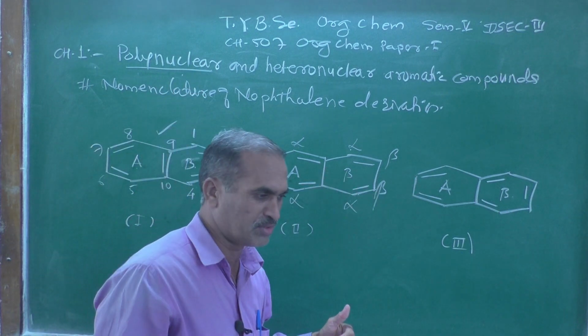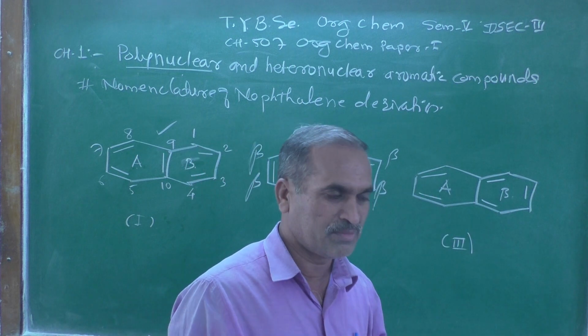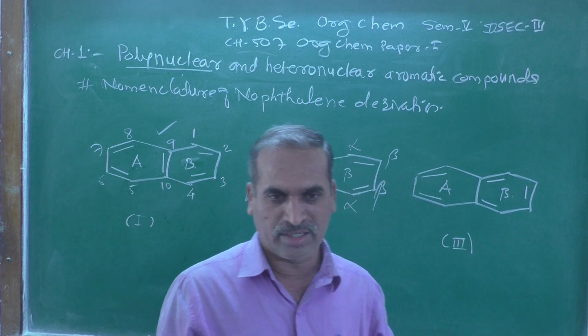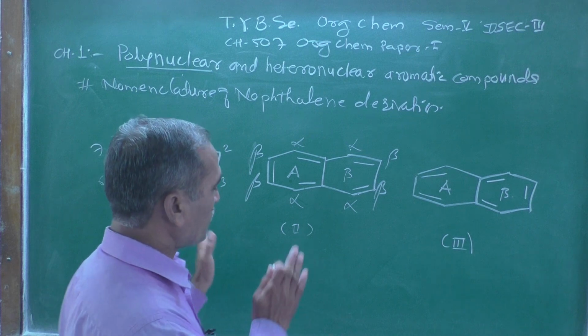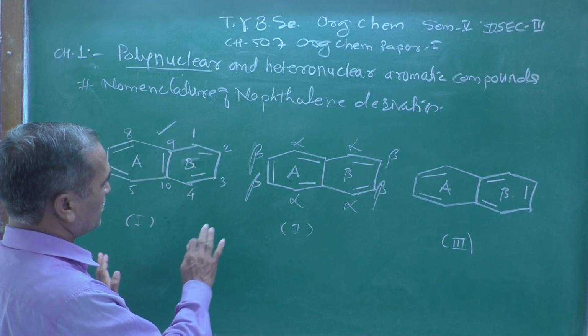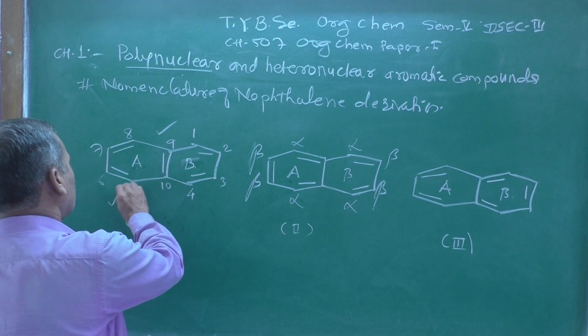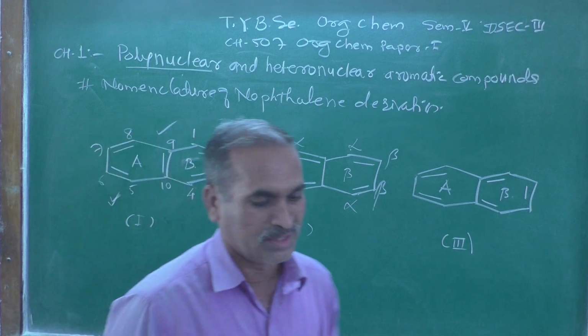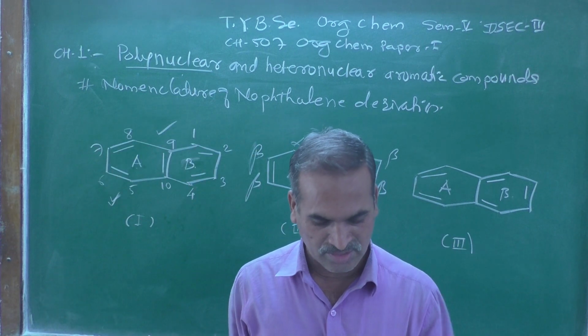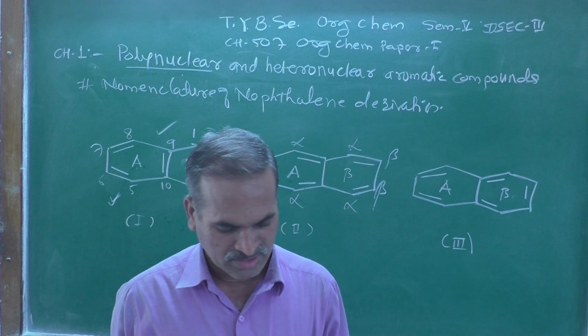These two compounds do not seem to be aromatic, and therefore even though there are different structures, this is the most probable structure of naphthalene.